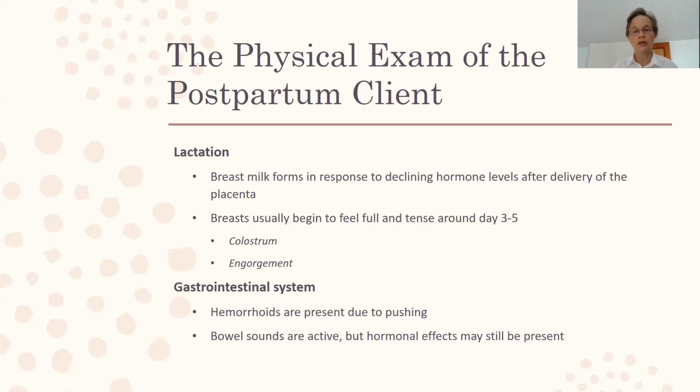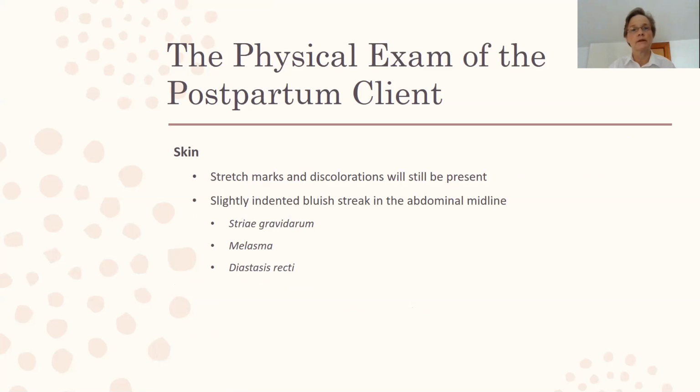So we already talked about the GI system and its effects. You do expect to still hear bowel sounds, right? You expect that, and you want to see that. Skin, we already talked about these. The diastasis recti is down the center of the abdomen, and it's where the musculature starts to separate.